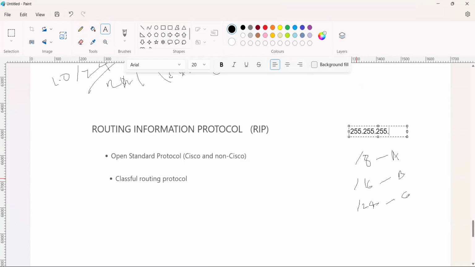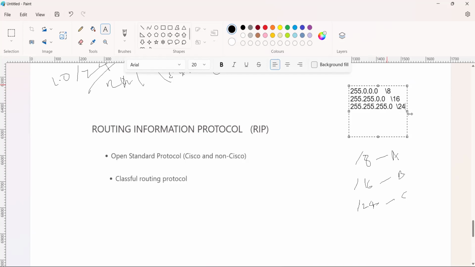255.255.255.0 is class C, and before that 255.0.0.0 is class A, 255.255.0.0 is class B. It means it's a slash 8 value, and this is a slash 16 value, and slash 24.